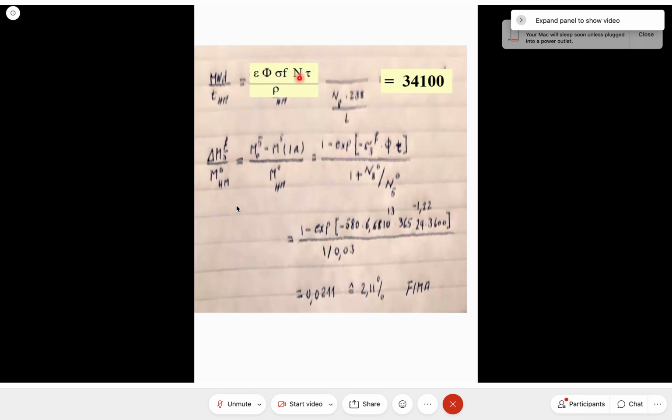Here the total fission rate is assumed to be that one, assuming again phi is constant, N is constant.